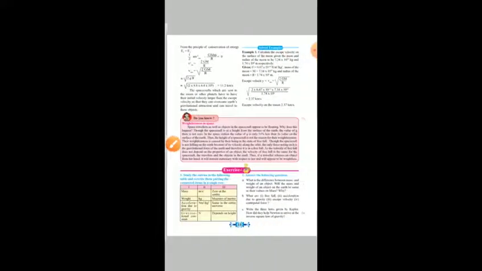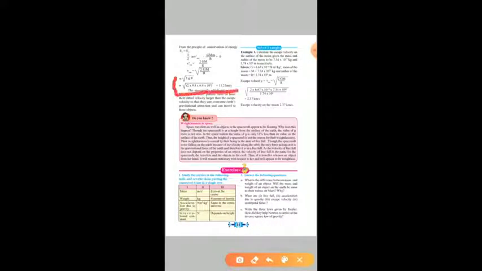And you have solved some small derivations to find the formula for escape velocity. Here you can see the formula for escape velocity, and the value is 11.2 kilometer per second, which means this much velocity is required if you want to escape from the Earth's gravitational force.